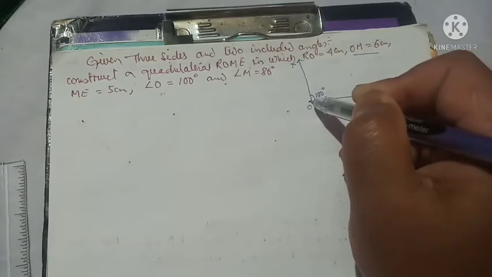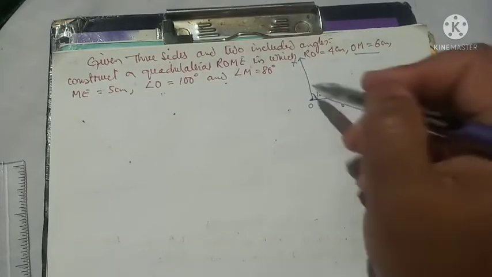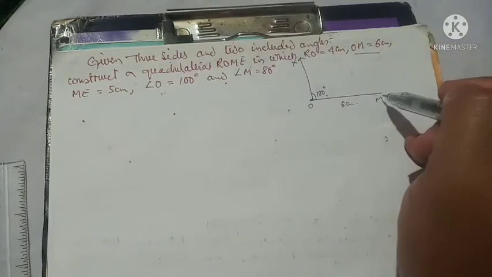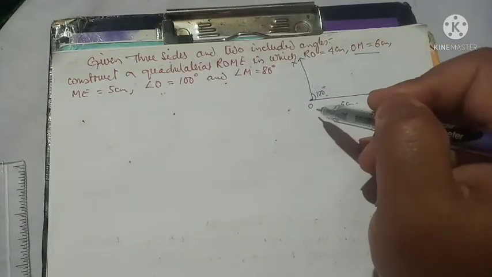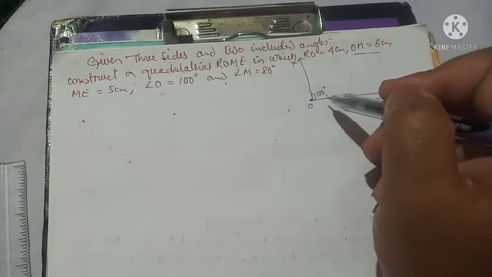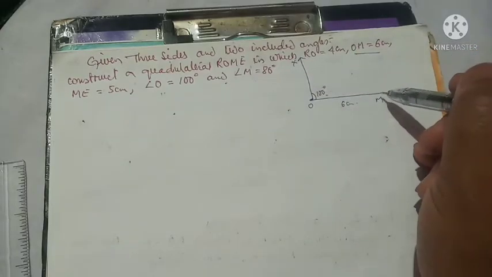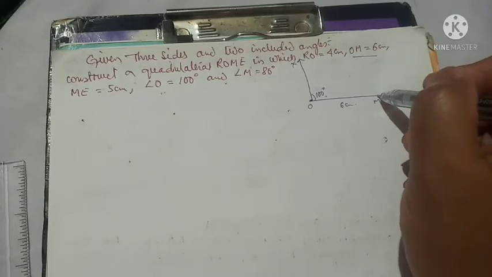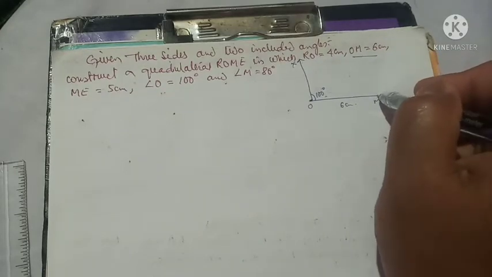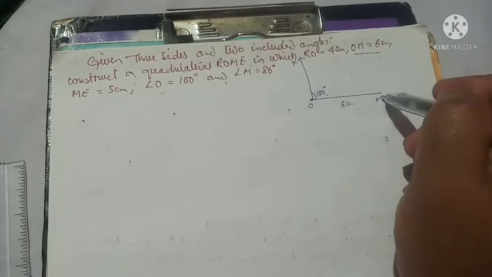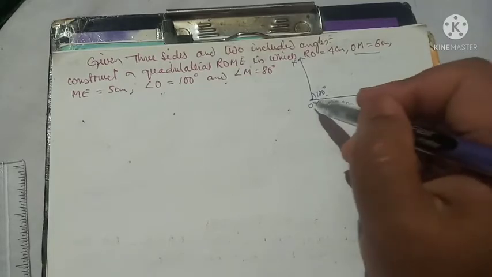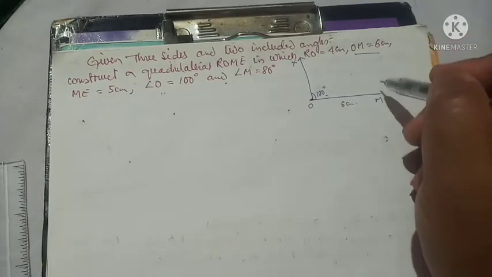From O we construct one ray, that is measure of angle MOX is equal to 100 degree. By using the protractor we can draw one angle here, and again from the center, point M, on OM, we make another angle OMY as a 80 degree.